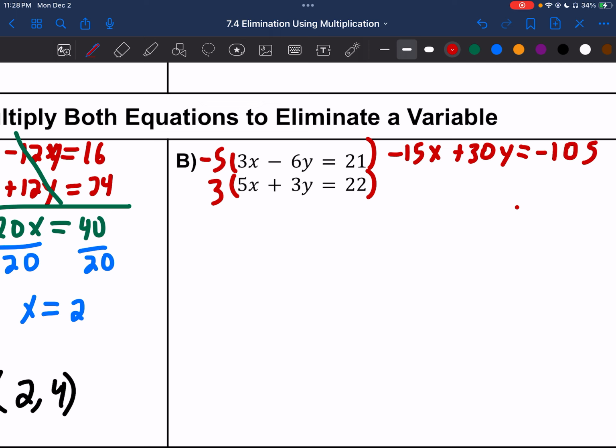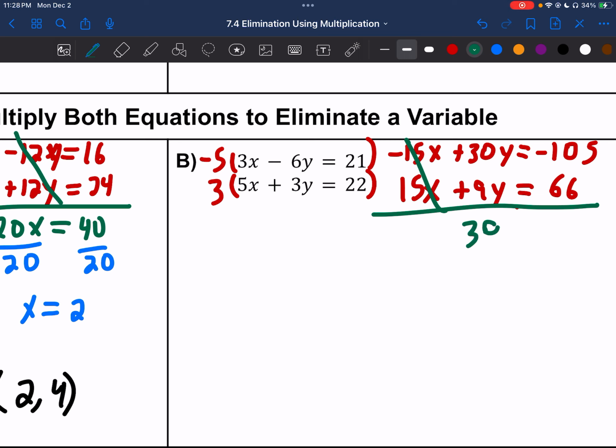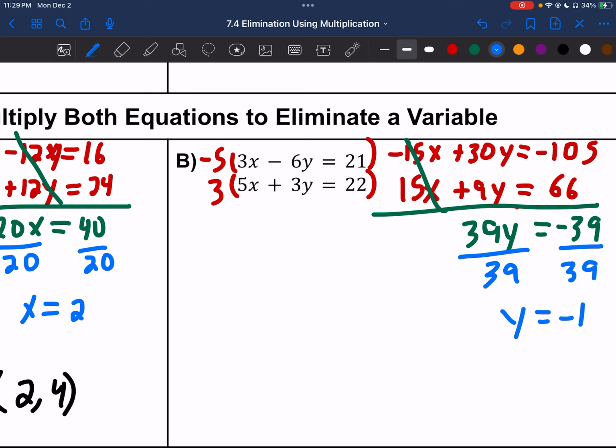And our bottom one, we multiply and we get 15x plus 9y is equal to 66. I'm going to add these two equations together. My x's cancel out, and I get 39y is equal to negative 39, which I can divide by 39 on both sides. y is equal to negative 1, which I'm going to substitute back in.